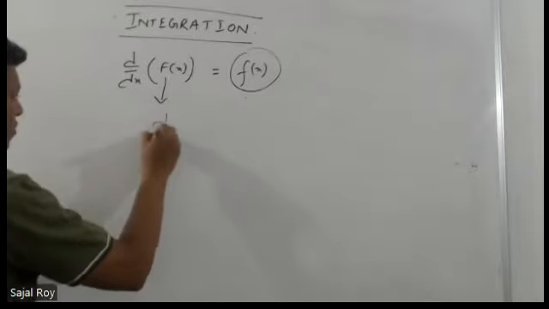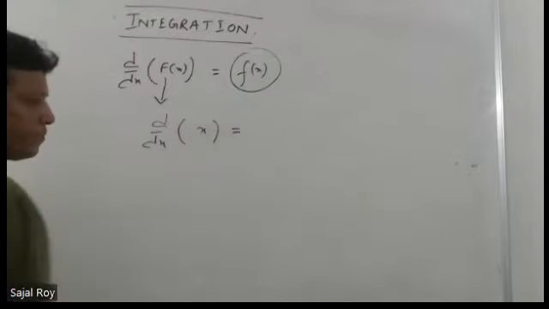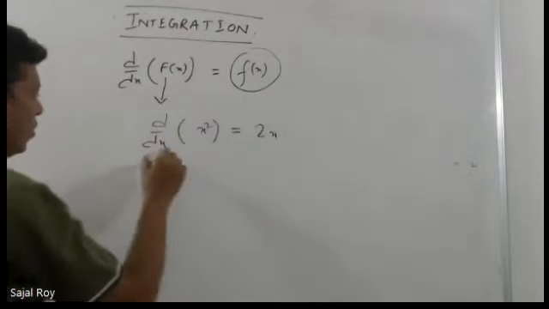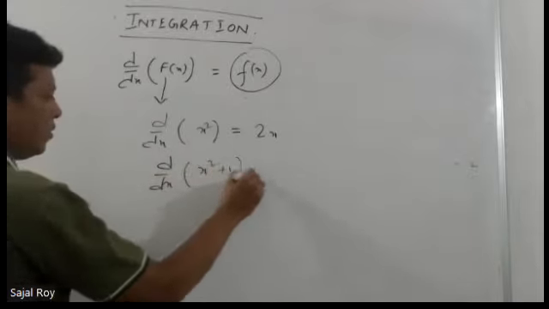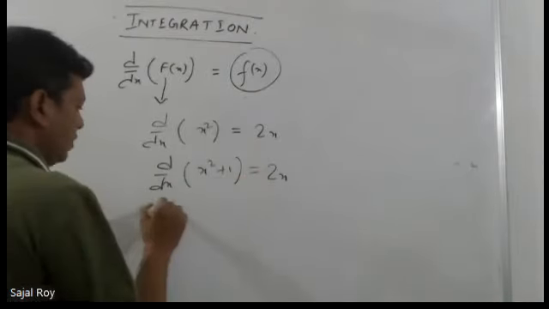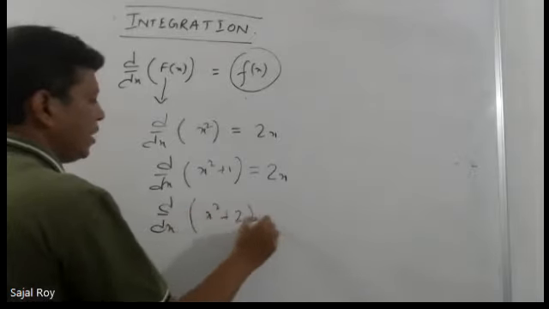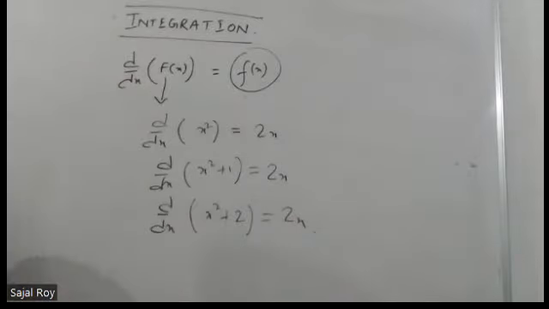Suppose, what is the derivative of x squared? What is the derivative of x squared plus 1? What is the derivative of x squared plus 2? So how many functions are there whose derivative is 2x?